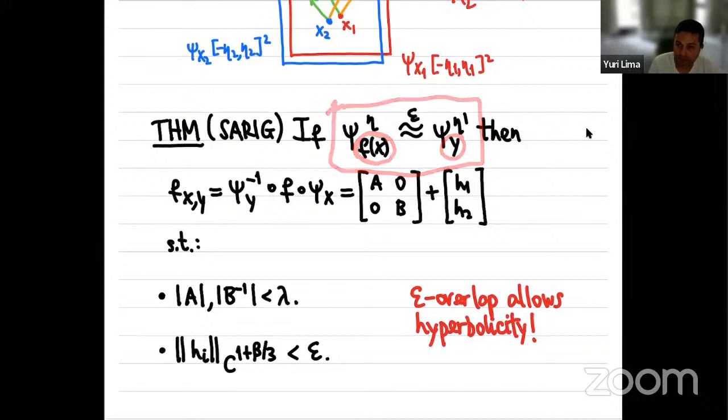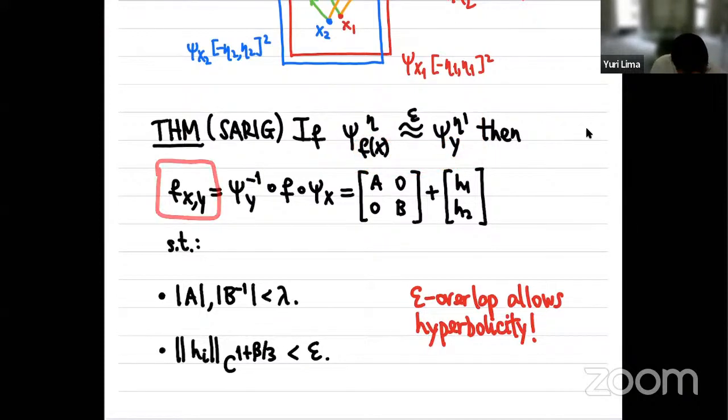So if this occurs, then you can understand your map F using these two passing charts, psi x and psi y. And the conclusion is that you recover hyperbolicity, because this change of coordinates, this representation of F in these two passing charts, they are again a small perturbation of a hyperbolic matrix.